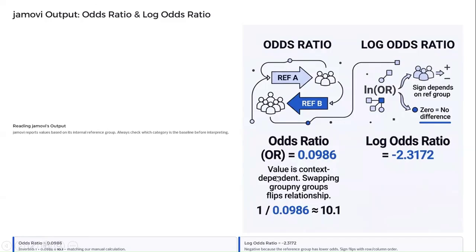If we invert the odds ratio, 1 divided by 0.0986, we get about 10.1, which matches the value we just calculated when we considered females as the main group. So, in plain language, the Jamovi output also indicates that females have about 10 times the odds of survival compared to males, just expressed from the opposite comparison direction.